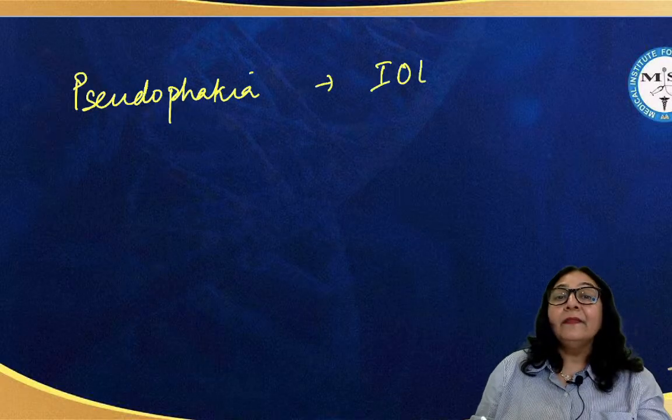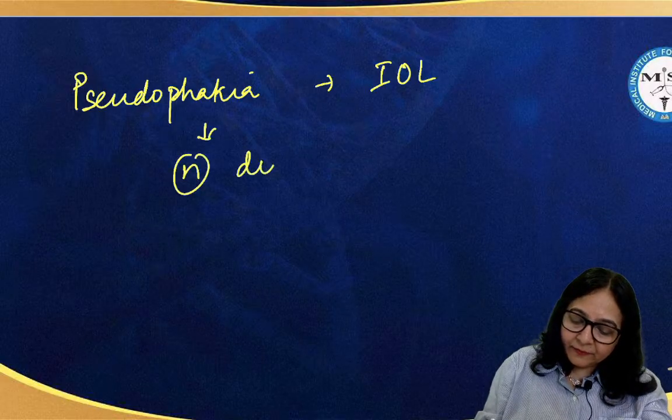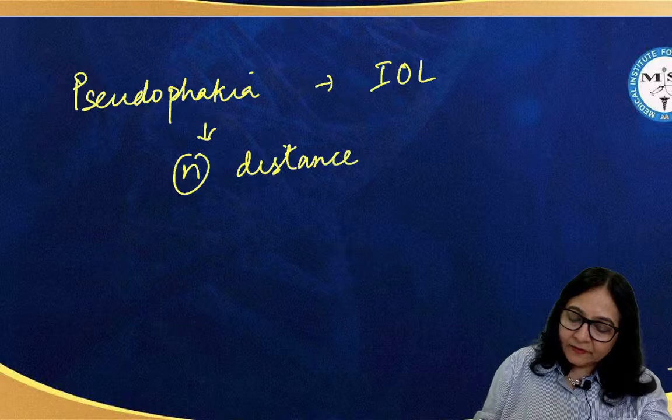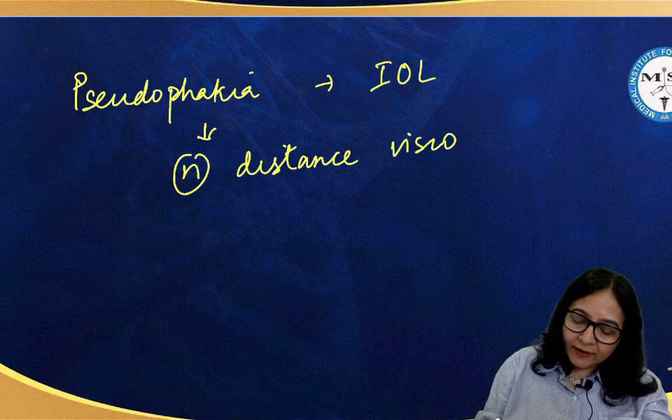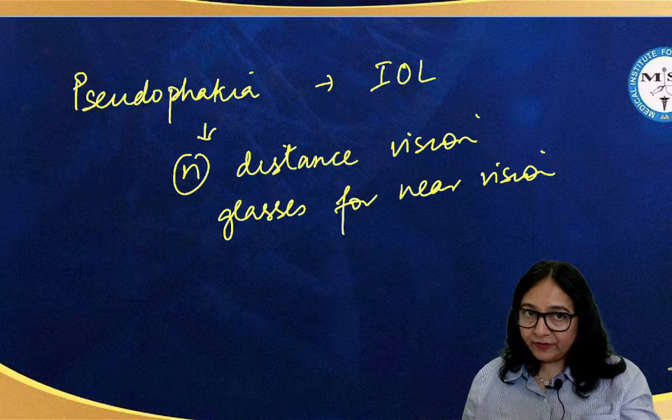intraocular lens, this patient will have normal distance vision, but may require glasses for near vision most of the time. Okay? So this patient will have normal distance vision. Okay?